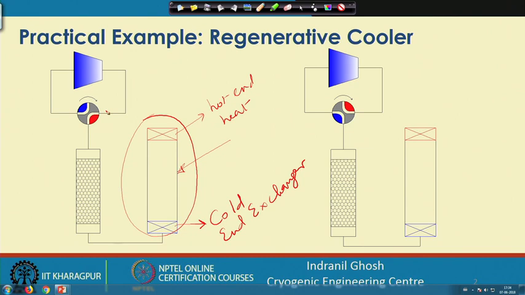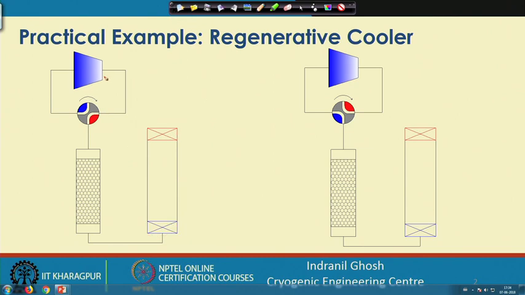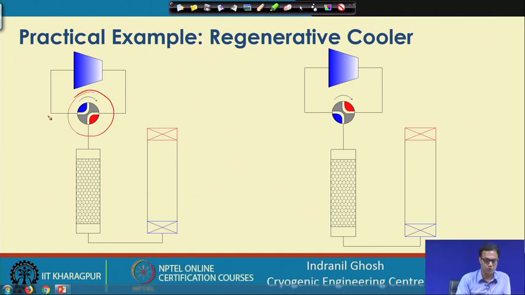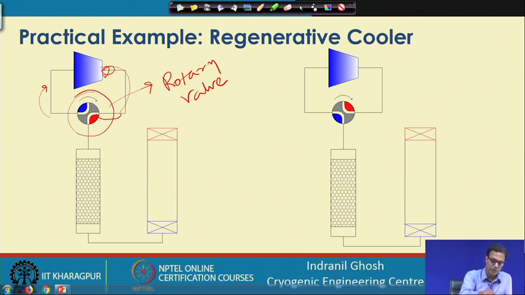Now, if we look into this operation, you will find that there is a small valve, which we call a rotary valve. This rotary valve periodically sends high pressure gas into the system. In one cycle it connects with the discharge side or the high pressure side.